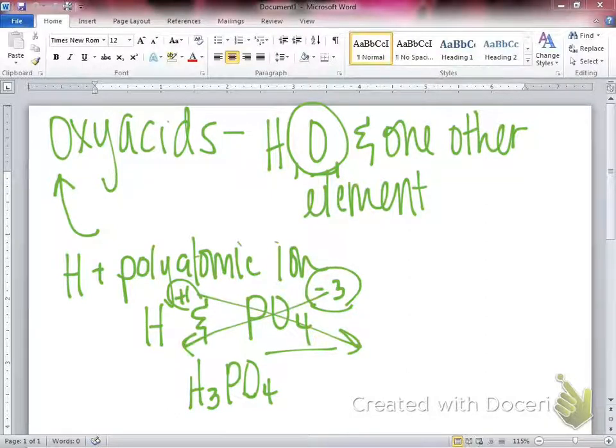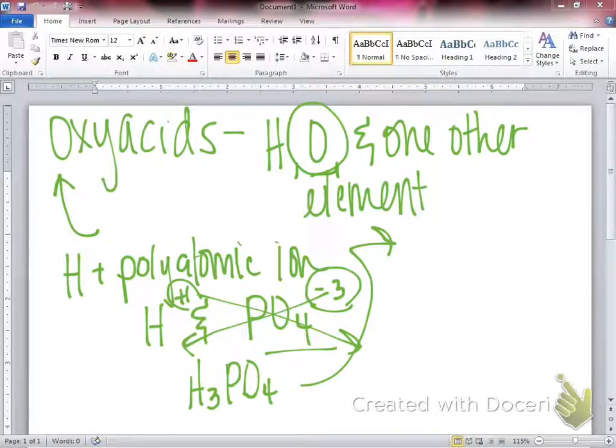Look at that acid naming sheet, and we know that this polyatomic ion, or this anion that hydrogen is paired with, is an ate, right? This is phosphate. So if the anion we're being paired with is an ate, how do we go about naming this molecule? It ends in ic, right? We're going to follow this anion ending.